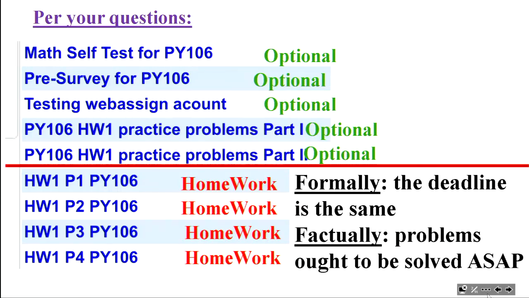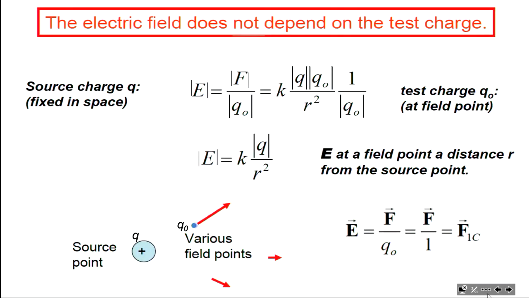about the homework. And this is the last slide we saw 2 days ago. And this slide demonstrates how to calculate the magnitude of a new physical quantity we call the electric field strength, or shortly E field.